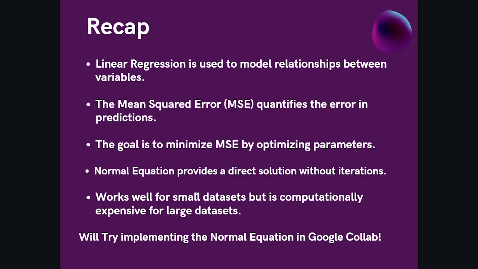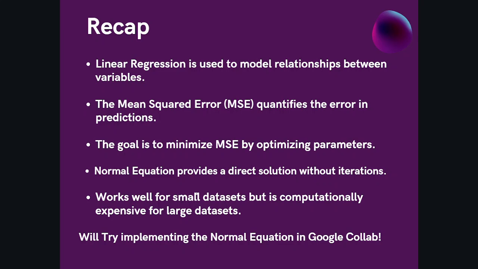Now, the recap. Linear regression is used to model relationships between the variables, output variable and input variable. Second point is the mean squared error quantifies the error in predictions. The third point is the goal is to optimize MSE by optimizing parameters.